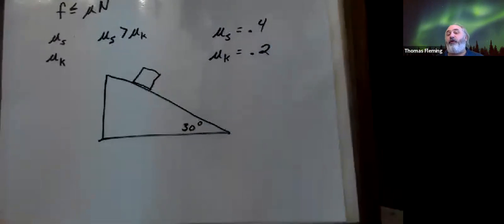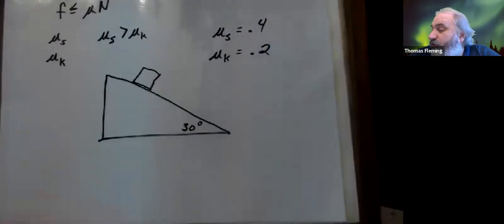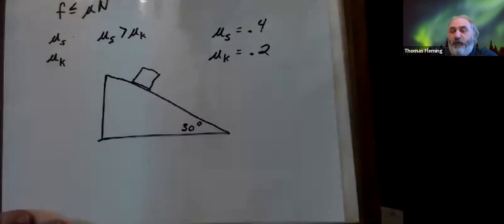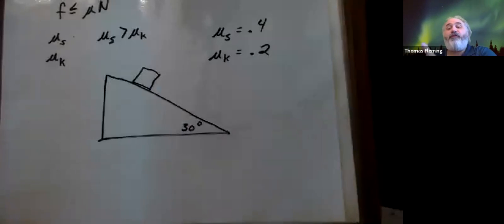I'm picking those numbers for a reason because I'm trying to cook the books and make sure that this works. So here's my question. If I just set this object at rest right there, and I let it go, is the object going to slide down the ramp or is it going to sit still?